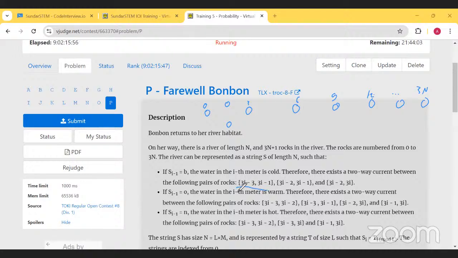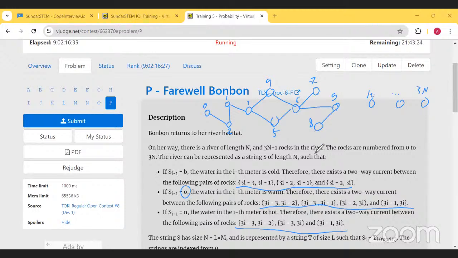Did you understand what this formula means? I mean, if there are 1 and 2 here, the graph will be like this. Okay. And then if the character is O, then the graph will be like this. And if the character is N, then the graph will be like this. Okay.